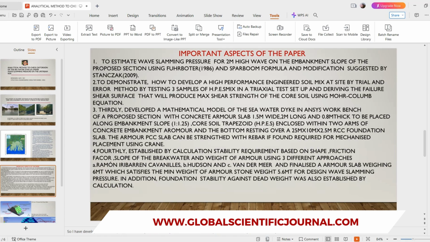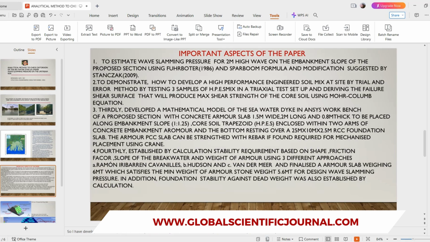Thirdly, I developed a mathematical model of the seawater dike in ANSYS Workbench of a proposed section with concrete armor slab 1.5 meter wide, 2 meter long and 0.8 meter thick to be placed along the embankment slope, which I am considering as 1:1.25. Steep slope, but that will satisfy.